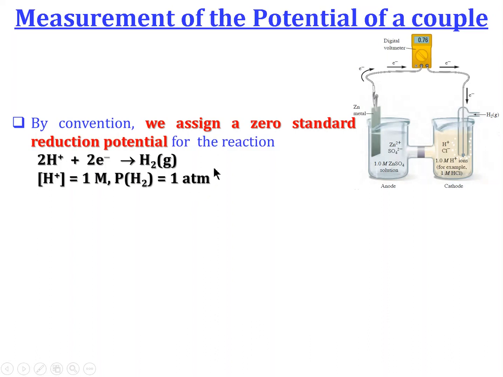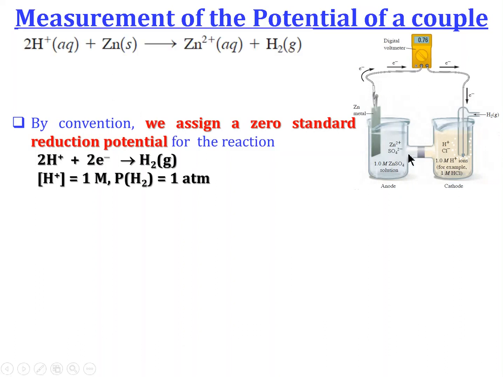In other words, the couple H+/H2 has a standard reduction potential equal to 0 at the standard state. This is the reference in electrochemistry.